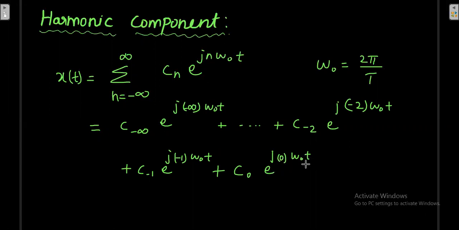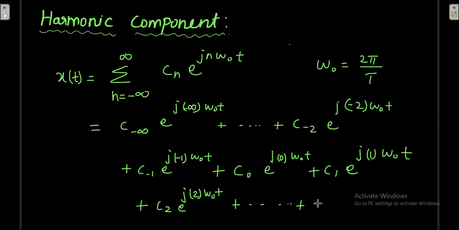Again, e power 0 is always 1, so we can simply write c naught. Then c1 e power j1 omega naught t, and c2 e power j2 omega naught t, and similarly all other terms, finally c infinite e power j infinite omega naught t. So we are just expanding this summation. The values of c minus infinite, c minus 2, c minus 1, c0, c1, c2 and the others will all be different, so for that a separate integral has to be calculated. These are all the coefficients of the complex exponential.